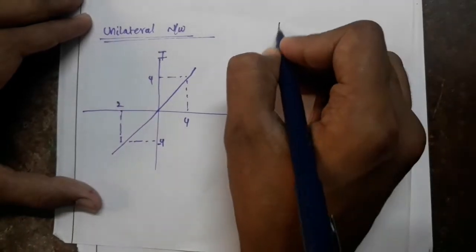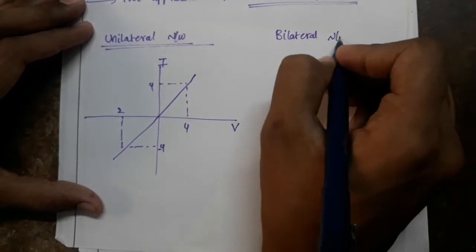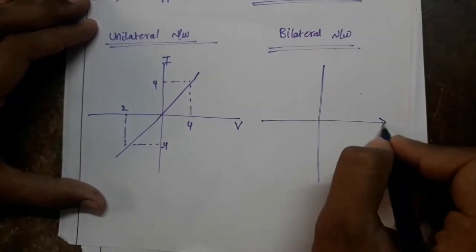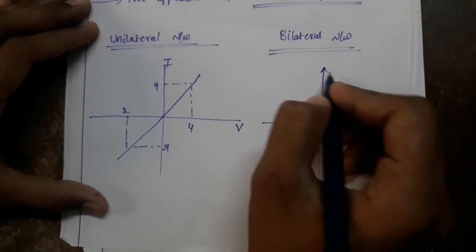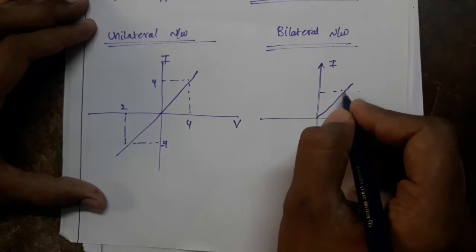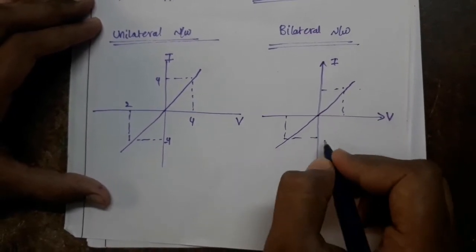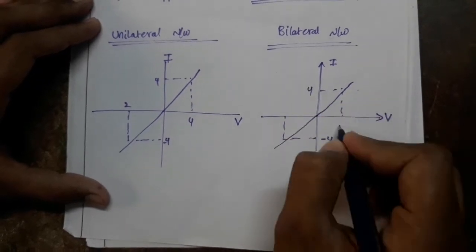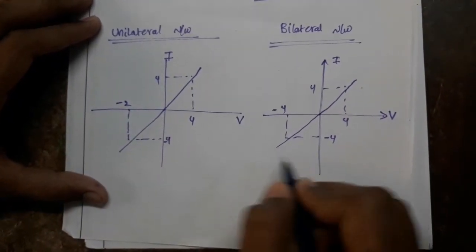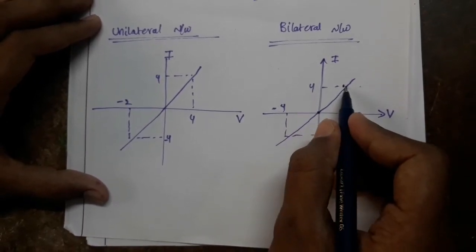Coming to the bilateral, if we take voltage on the x-axis and current on the y-axis, the slope is the same. That is, from here to here, the slope is 1.